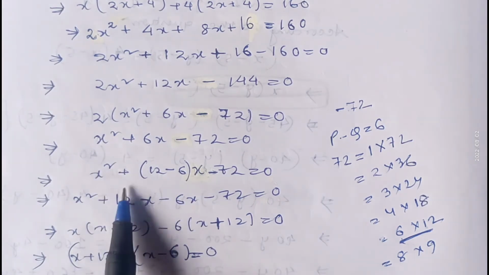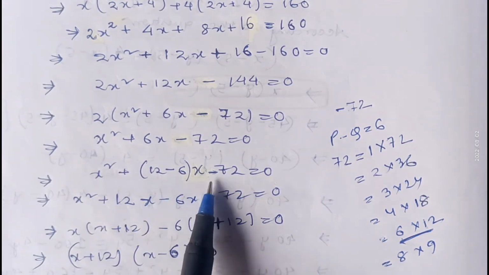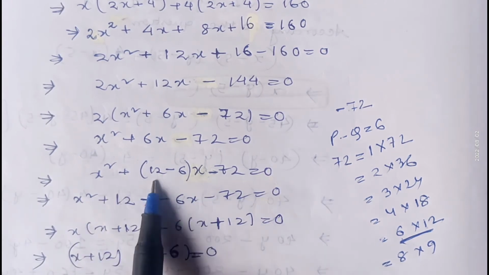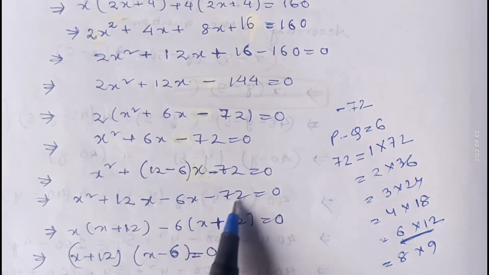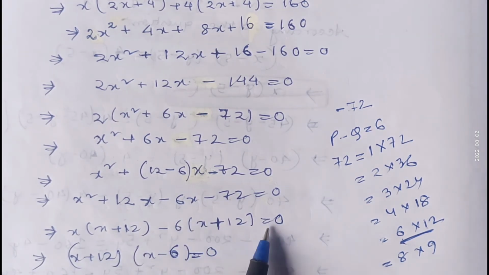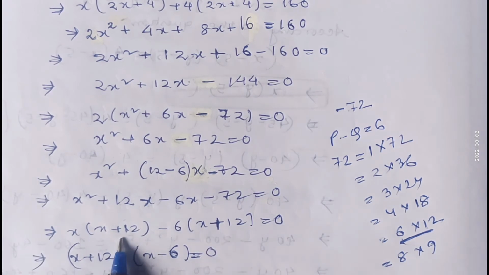So we got x square plus 12 minus 6 into x minus 72 equals to 0. X square plus 12x minus 6x minus 72 equals to 0. From first two I can take x common, it will be x plus 12, and from last two I can take minus 6 common, it will be x plus 12. Again from these two I can take x plus 12 common, so we are left with x minus 6.